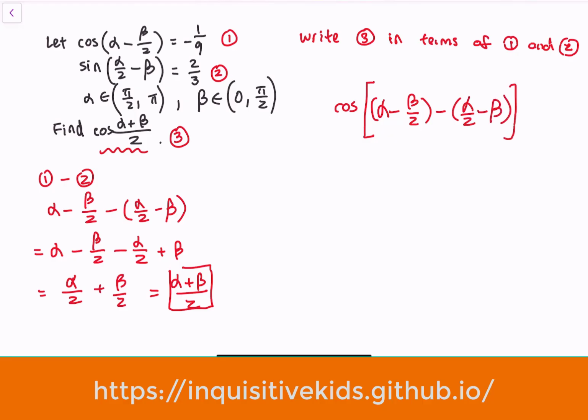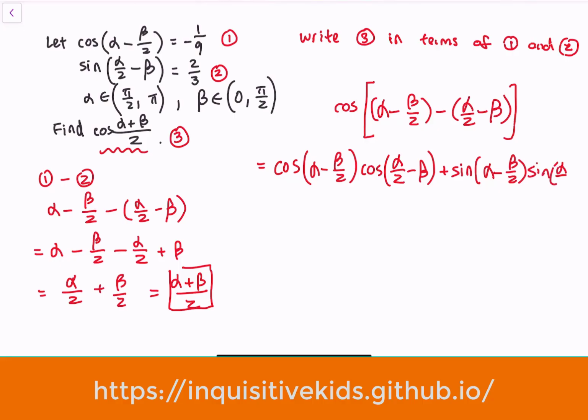Now we can apply our sum and difference formulas. We have cosine of alpha minus beta over 2 times cosine of our next term plus sine of the first term times sine of the second term.